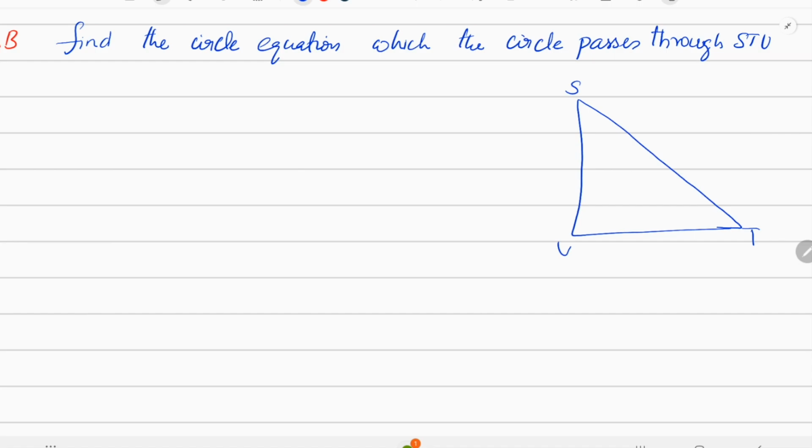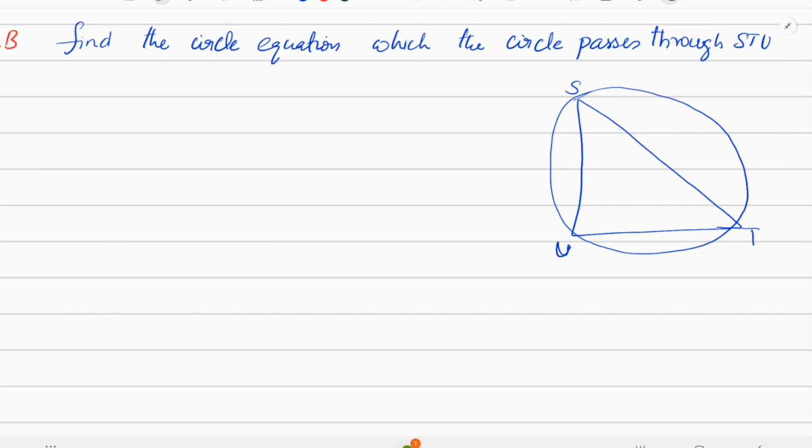If these 3 points pass through the circumference of the circle, we need to find the equation of the circle.